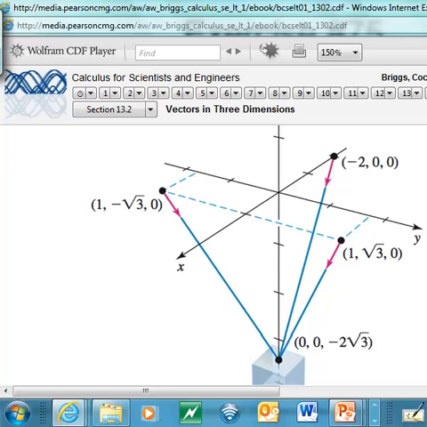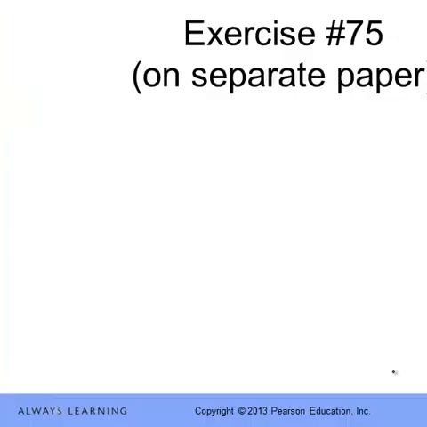Okay, so what I want you to do right now is find the vector that goes from P to S. Find the vector that goes from Q to S. And find the vector that goes from R to S. Find those three vectors. So I'll give you a minute or two to do that.